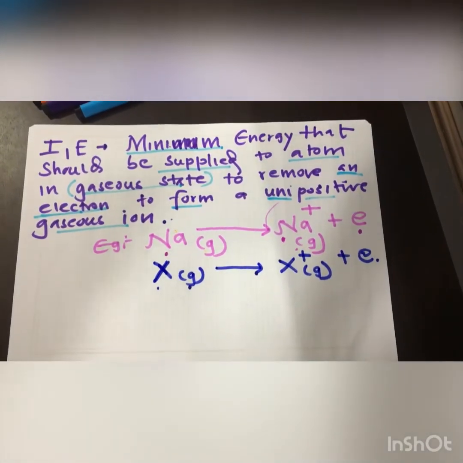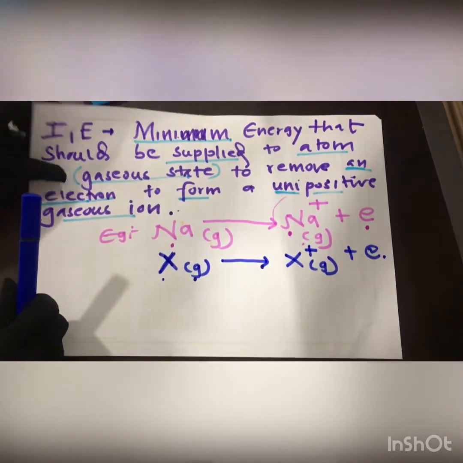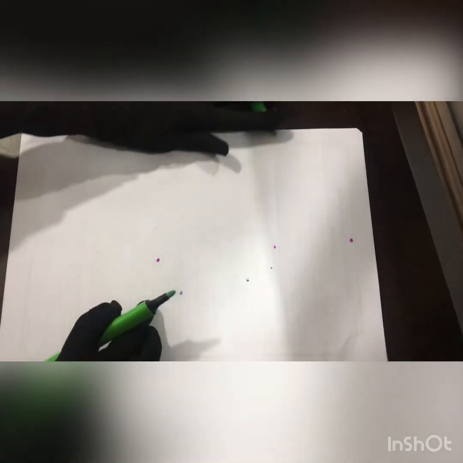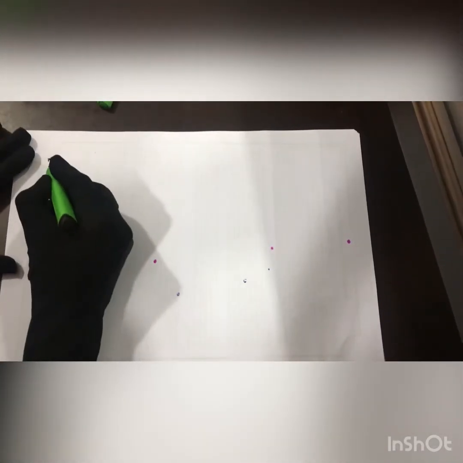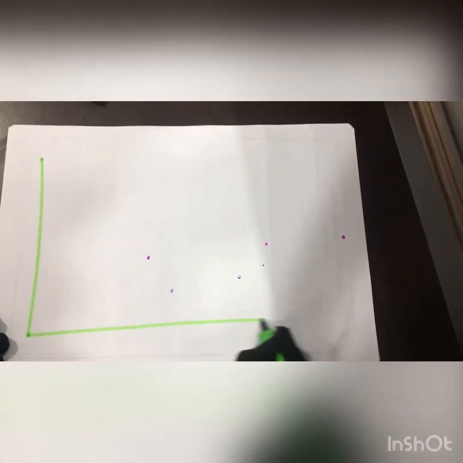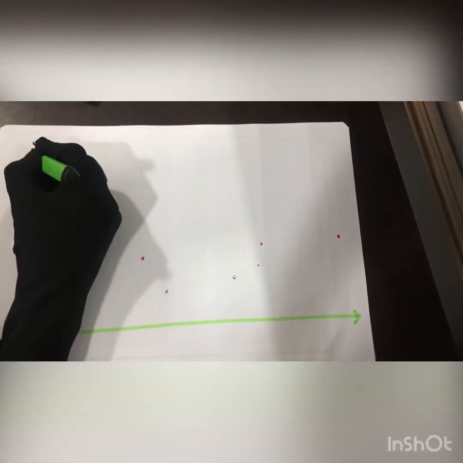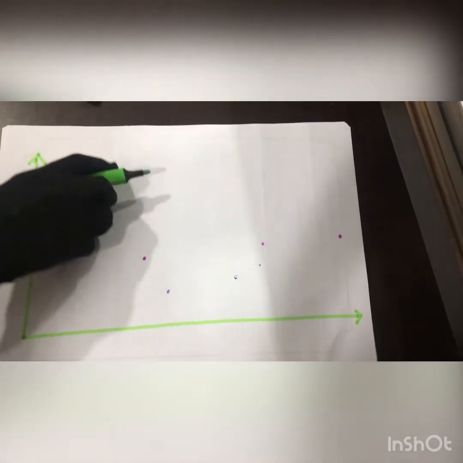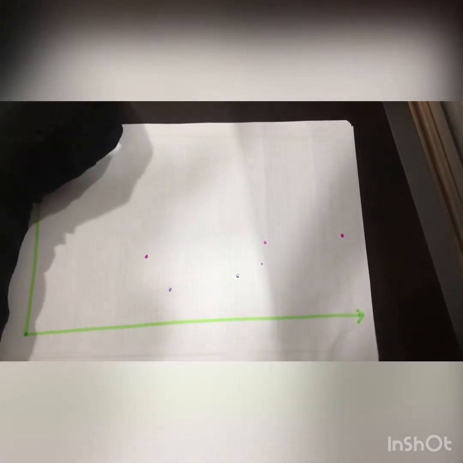Now I will teach you how to draw the first ionization energy graph. I will teach you a very short method. First we will draw the axes for the first ionization energy graph, and then we will start drawing.